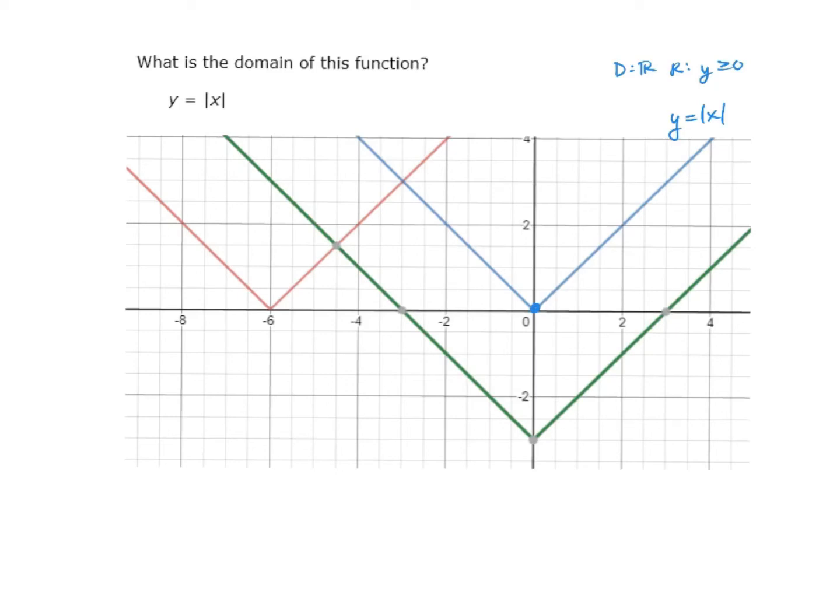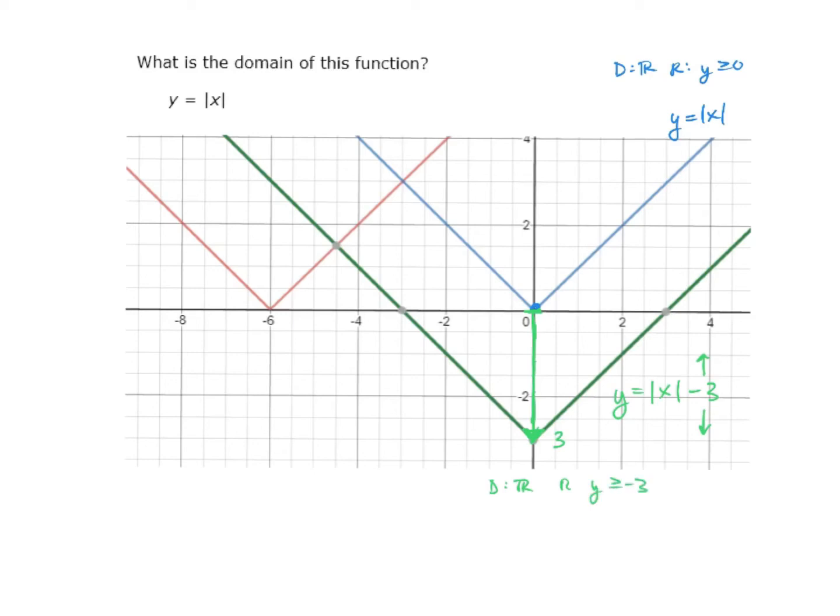If I see this same parent function has shifted down, and I added this as a review for translating parent functions, it's going down to, I think this is 3 here. This is basically y is equal to the absolute value of x minus 3. Any number outside your absolute value will create a shift up or down. And domain being, again, all real, and range in this case, y is greater than or equal to -3.